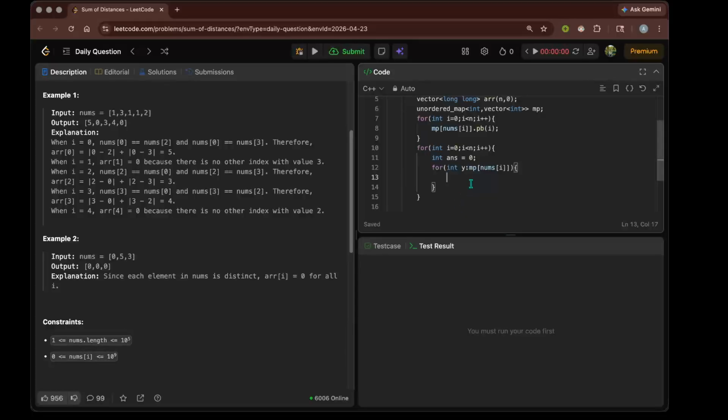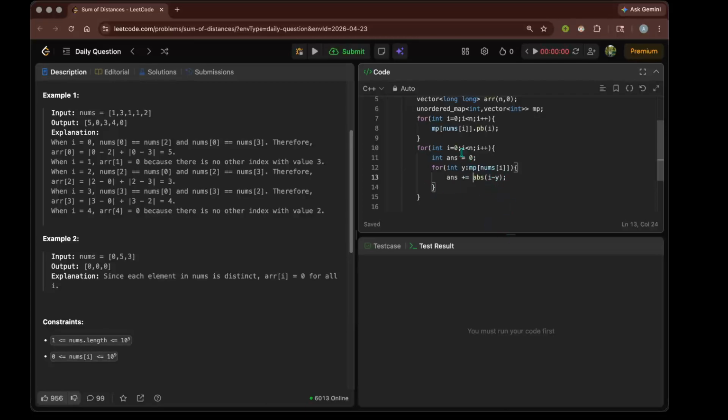What I should do? We should take the absolute of I minus Y, answer plus equal.